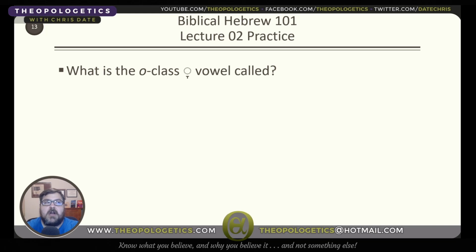But when it's an O class vowel, it's identical in appearance. What is it called? It's called a kametz chatuf, a brief or momentary kametz. So recall that the A class vowel that looks like this is called kametz, and it's pronounced ah. But in the O class, it's pronounced o.